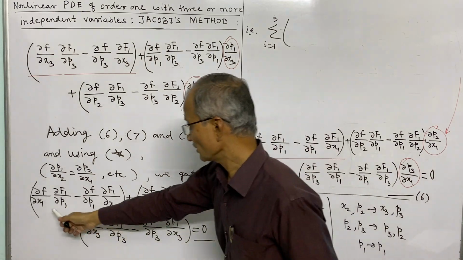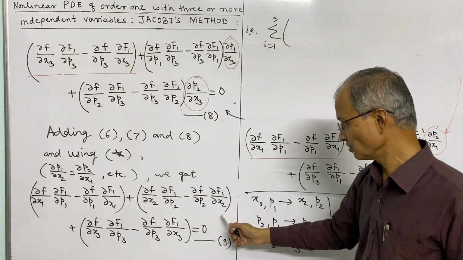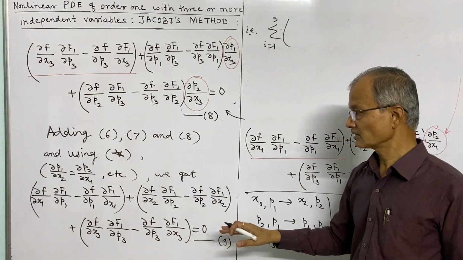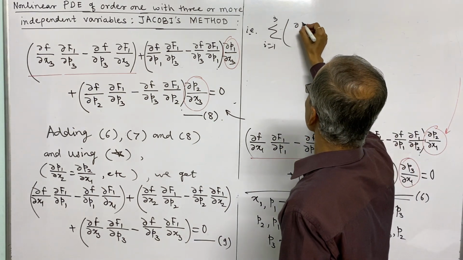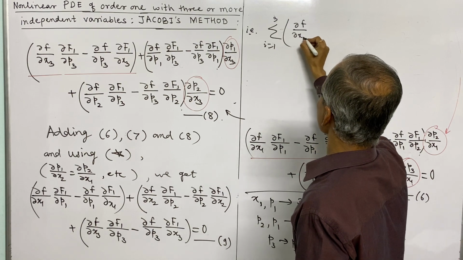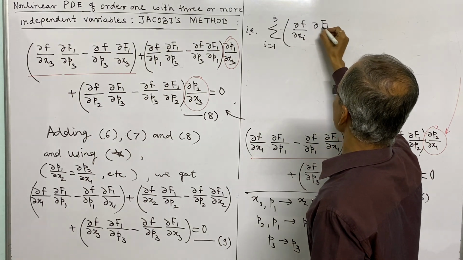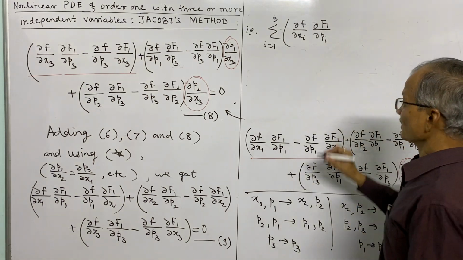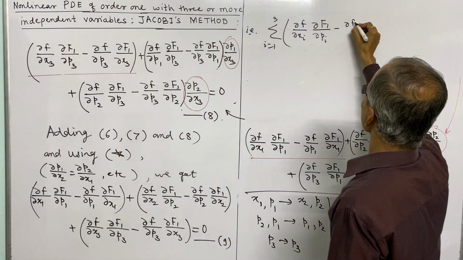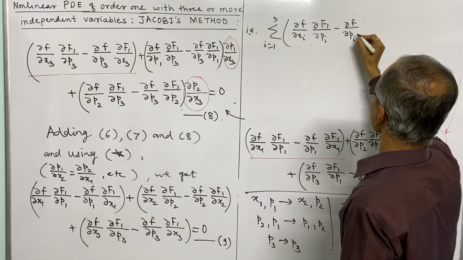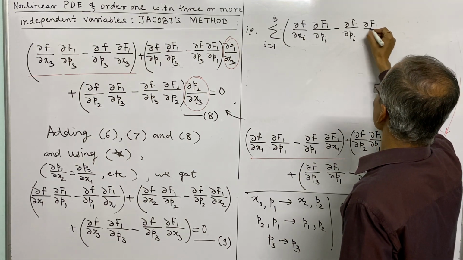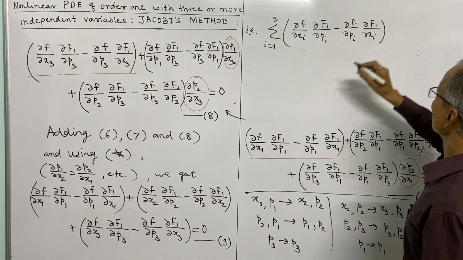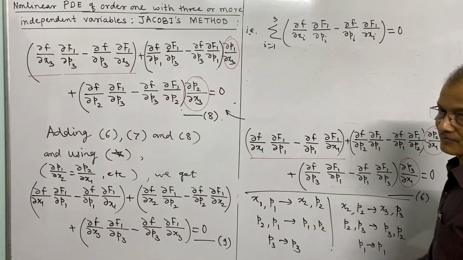You see, here the suffix is 1, here 2, and here 3. So in short we can write this as ∂f/∂xi ∂F1/∂pi minus ∂f/∂pi ∂F1/∂xi, i takes value 1 to 3, and this is equal to 0.